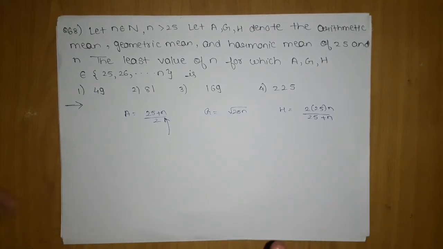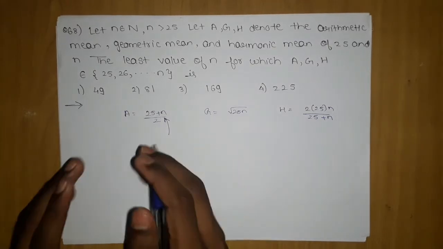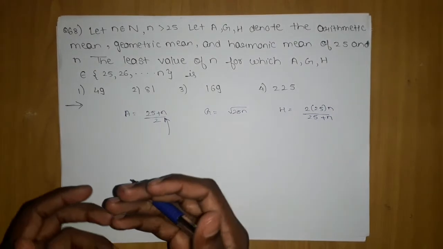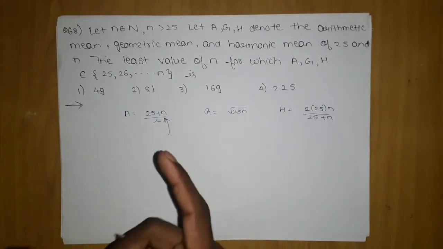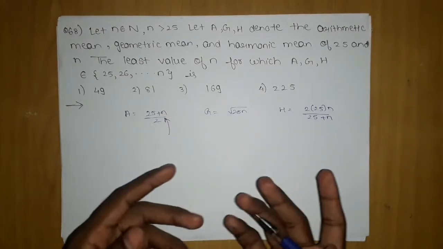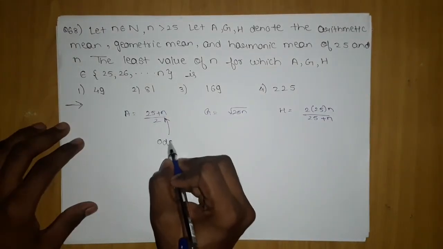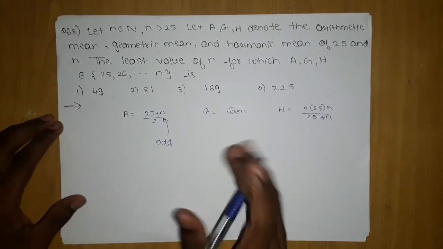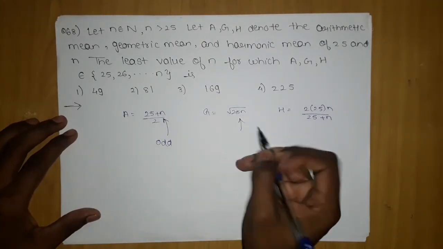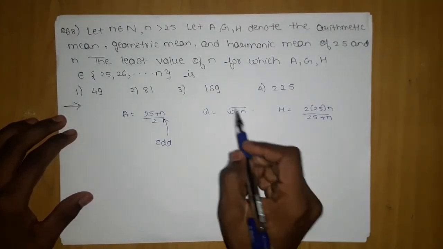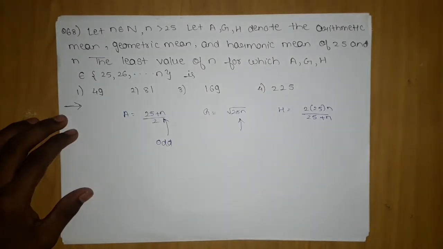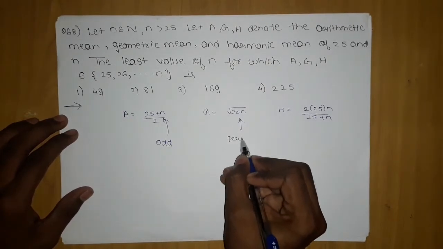So the basic idea for it to get divided by 2 is that n should be odd, because odd plus odd is even. So I got one idea about the nature of the number. Now it should again be an integer, for that it should not be under root, so n should be a perfect square.